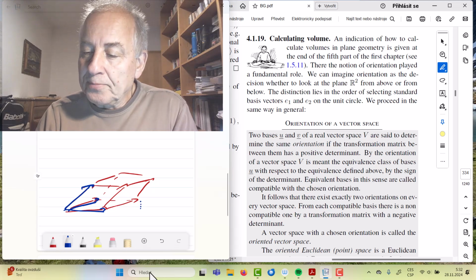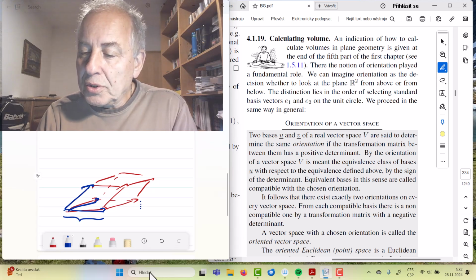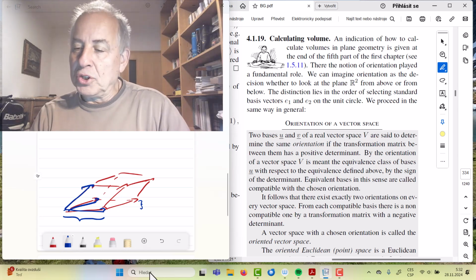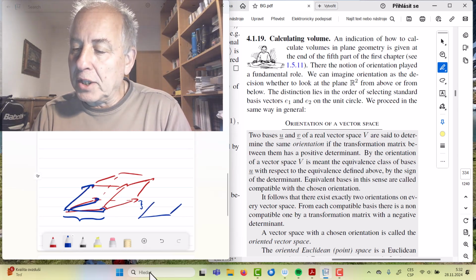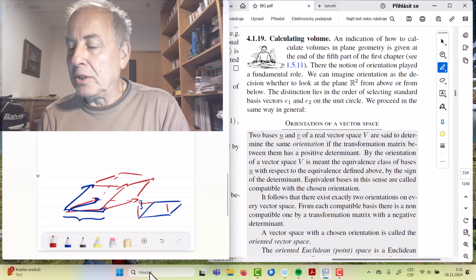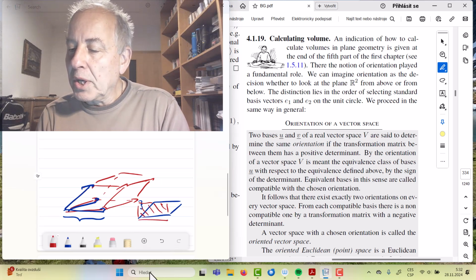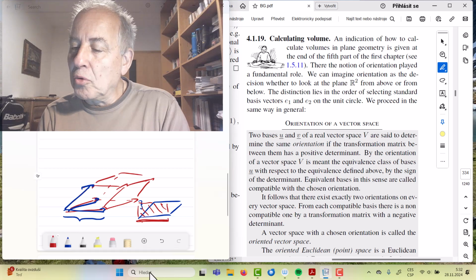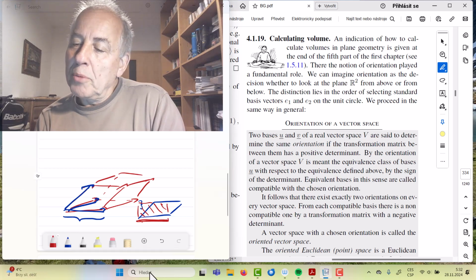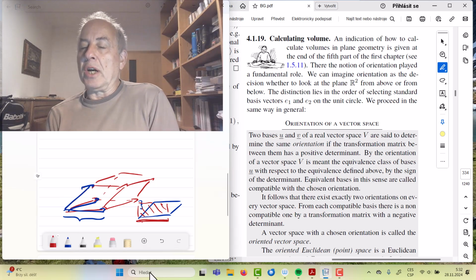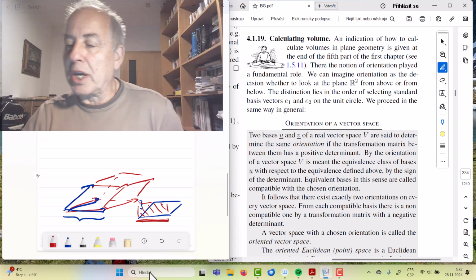So this length times this length will be the volume of the two-dimensional thing, which corresponds to the fact that we can simply cut it and move this one here, and then we have got the same volume. So it's the base, the full length, and then the next one will be projected to the orthogonal component, and so on. We can just inductively define it this way, and that's exactly what we shall do.